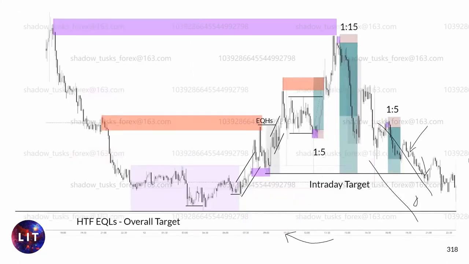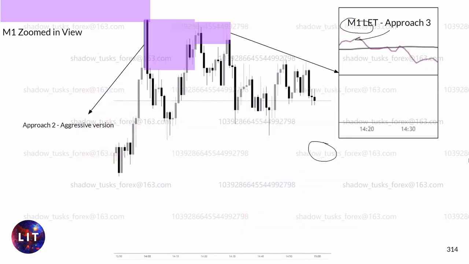So there we go. This is your 1 to 5, 1 to 15, approach 2. Again, you could even take your, that's not approach 2, approach 3, sorry. Let's go back to here. Realistically, you can take this because we've got targets much lower. But if you're maybe uncomfortable taking it just off the inducement, absolutely, you can wait for the mitigation with the LIT.